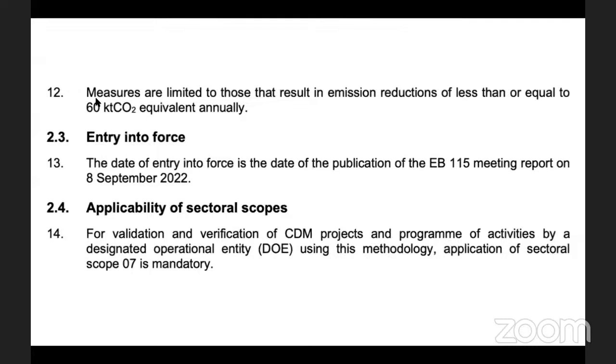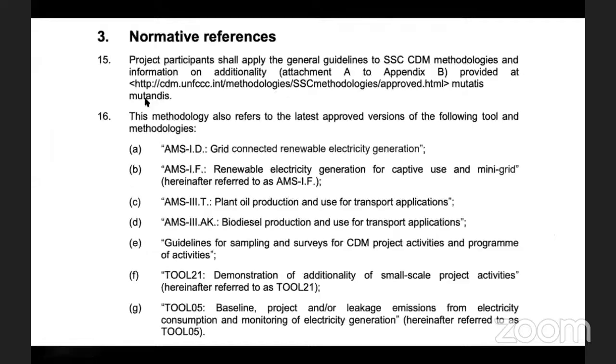12. Measures are limited to those that result in emission reductions of less than or equal to 60 kiloton CO2 equivalent annually. Entry into force. The date of entry into force is the date of the publication of the EB 115 meeting report on 8 September 2020. 2020年9月8日ですね。Applicability of sectoral scopes for validation and verification of CDM project and program activities by the designated operational entity DOE using this methodology: application of sectoral scope 7 is mandatory.